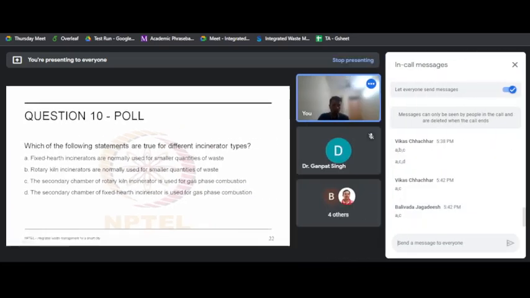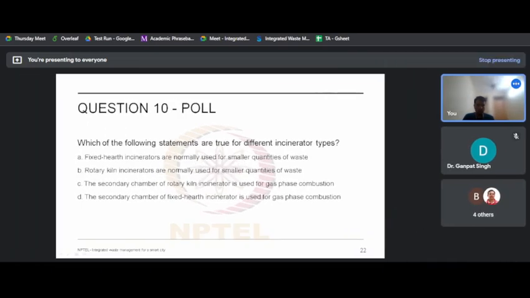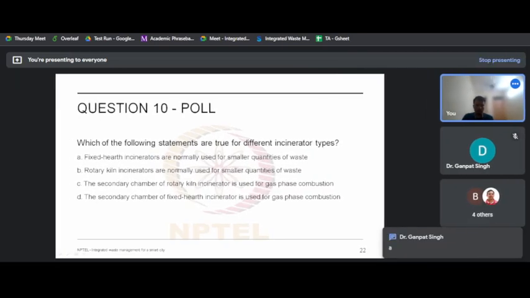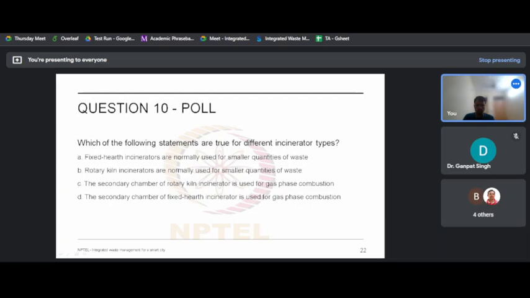We have one response: A and C. I'll give a hint: 2 of the options are correct here.